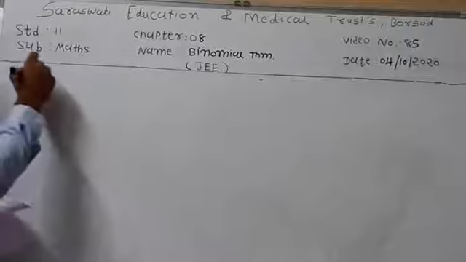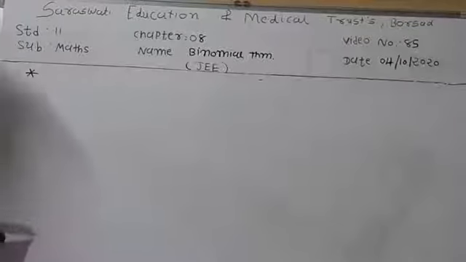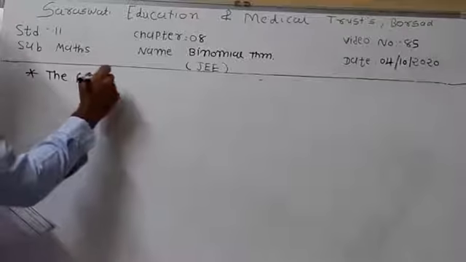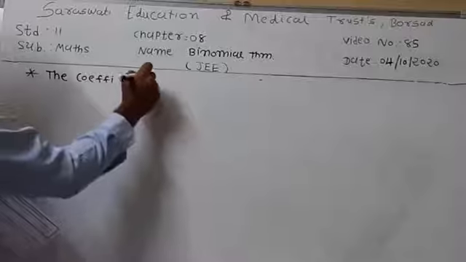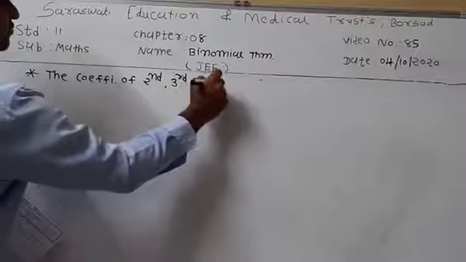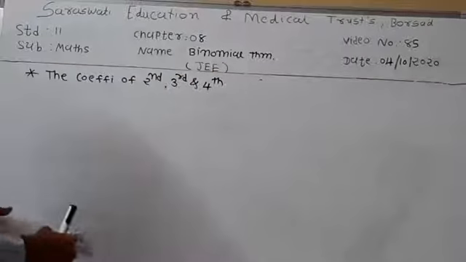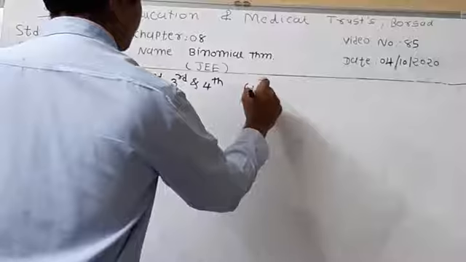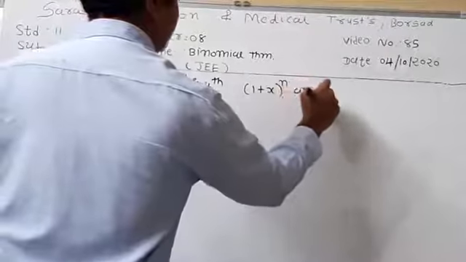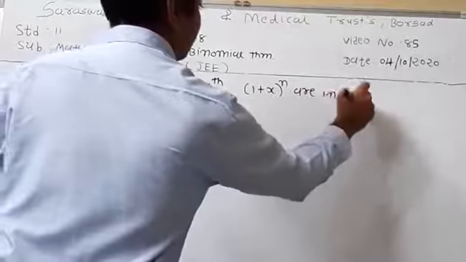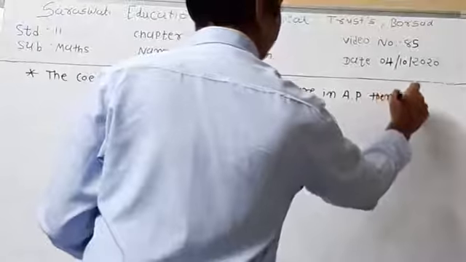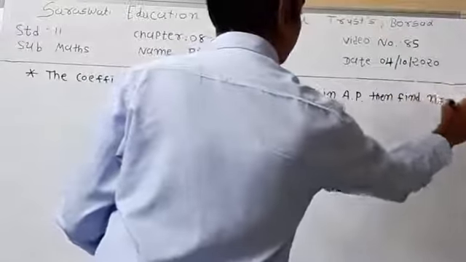Our next question: if the coefficients of the second, third and fourth terms in the expansion of (1 plus x) raised to n are in AP, then find the value of n.